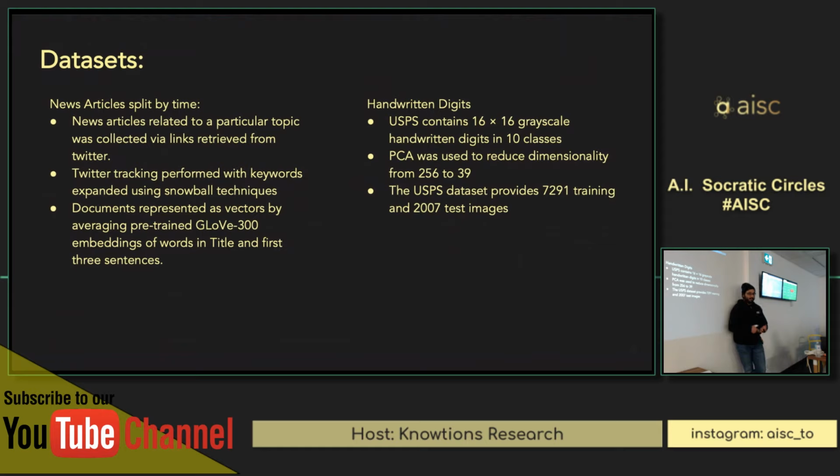What they did was take each news article, take the title and the first 3 sentences, and average the GloVe embeddings of all the words in there, and they call that the approximation for a document. Could it be better? Possibly, but that's what they went with.